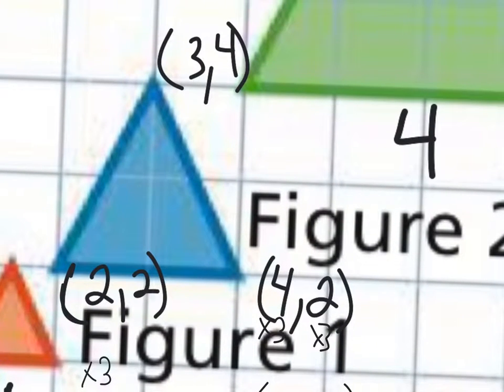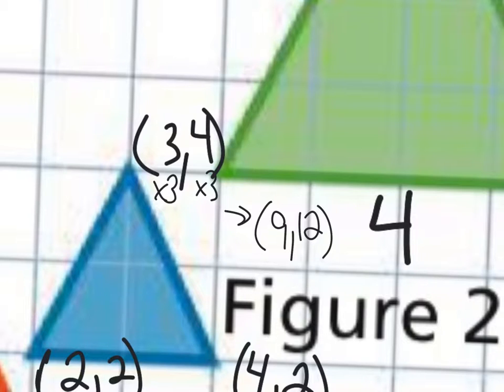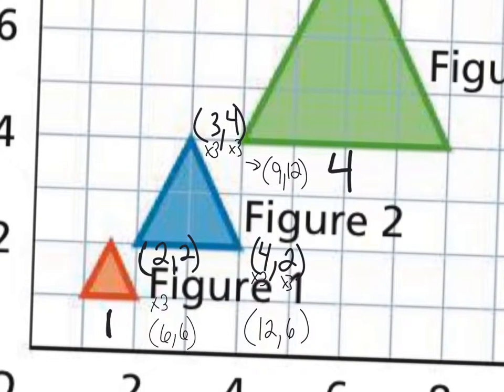And the point at the top, the (3, 4), multiply both of those by 3, would go to (9, 12). They did not label the points like A, B, and C or anything, so all we could really do is list each of the coordinates, (6, 6), (12, 6), and (9, 12), as our answer for number 5.